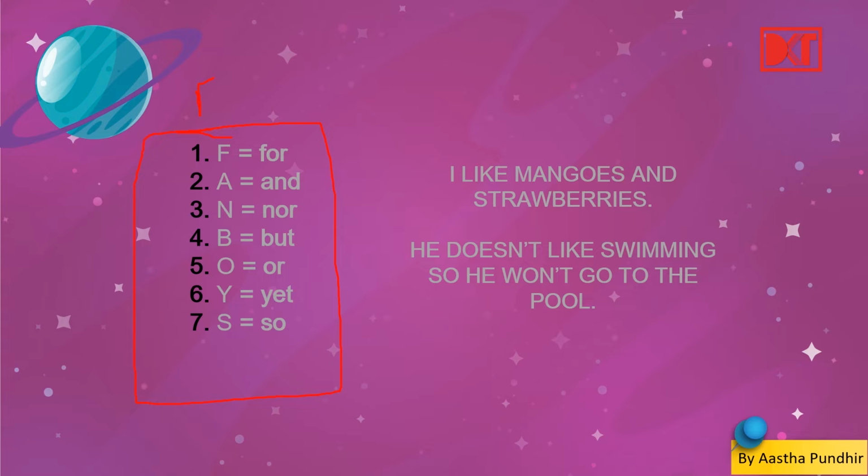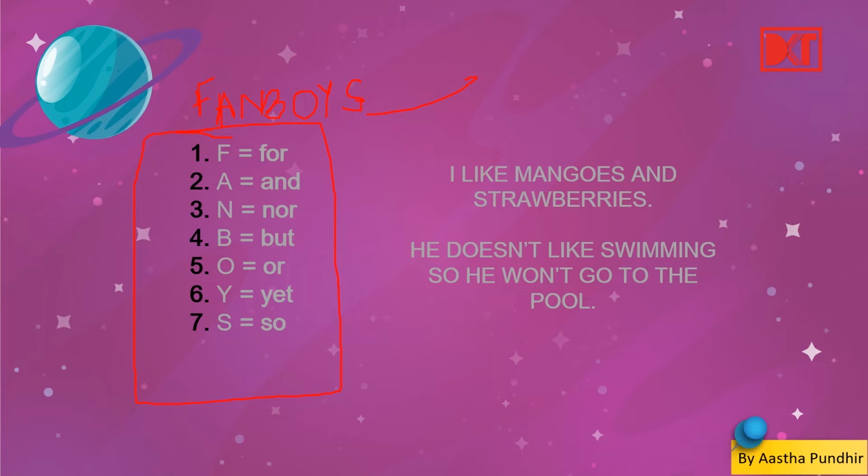F for for, A for and, N for nor, B for but, O for or, Y for yet, and S for so. All these are coordinating conjunctions. Alright, let's see a few examples.